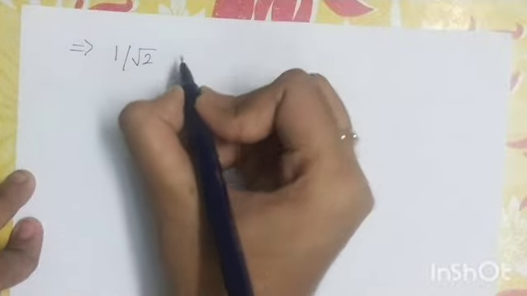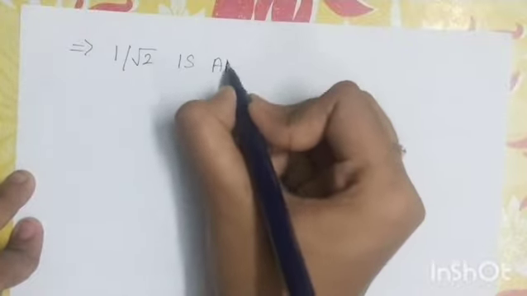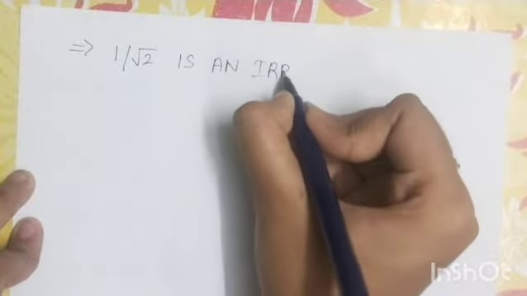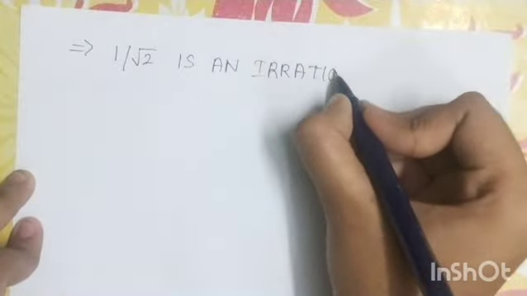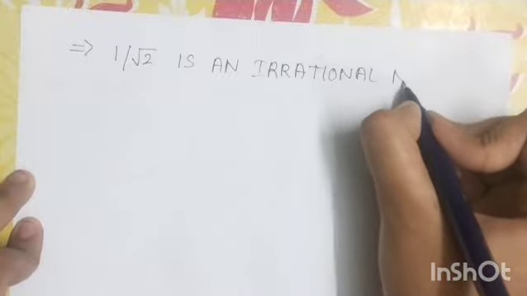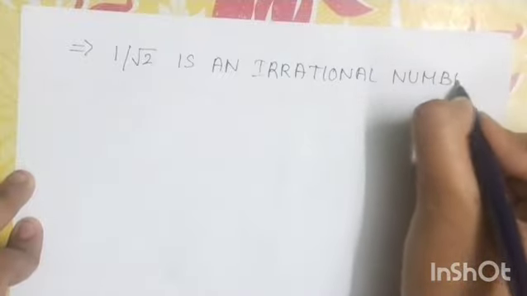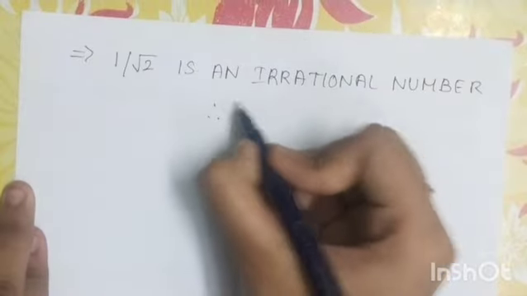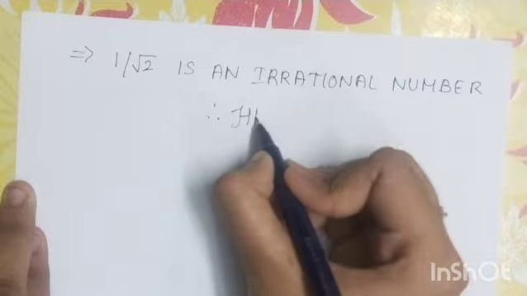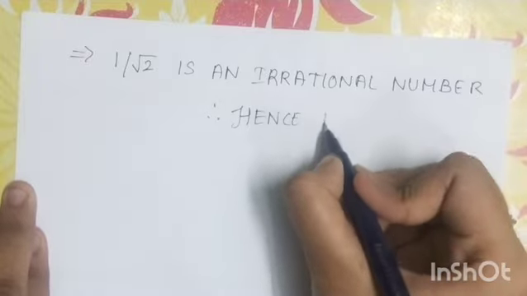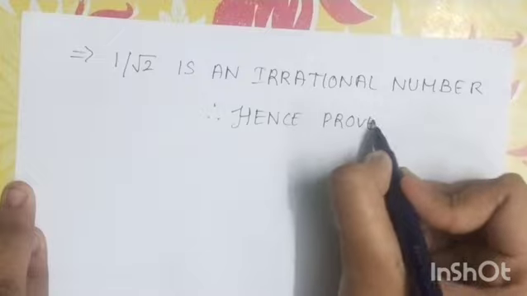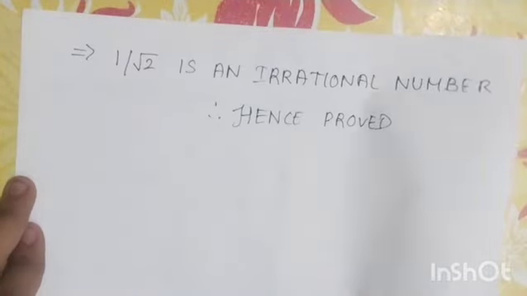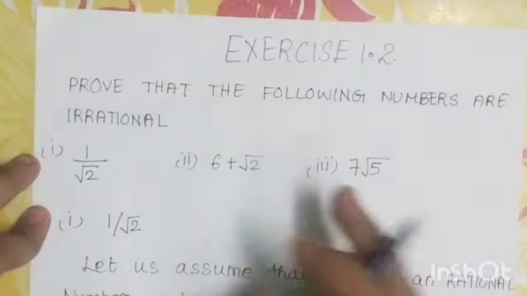So I can write, 1 by root 2 is an irrational number. At last we have to write hence proved. Hence proved. So moving on to the next sum. We have done 1 by root 2.